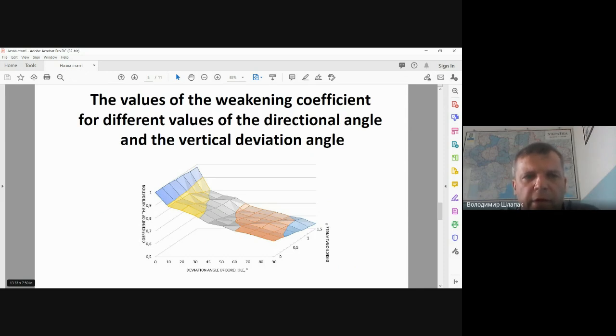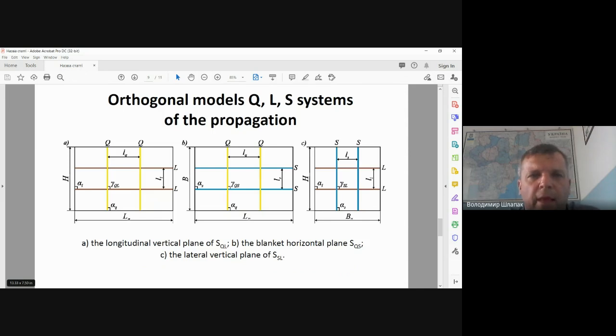The graphic representation of this dependence is shown on the slide. The above formula of the technological loss coefficient allows us to determine the coefficient of removal of blocks and the complex productivity of equipment for preparing blocks for extraction.